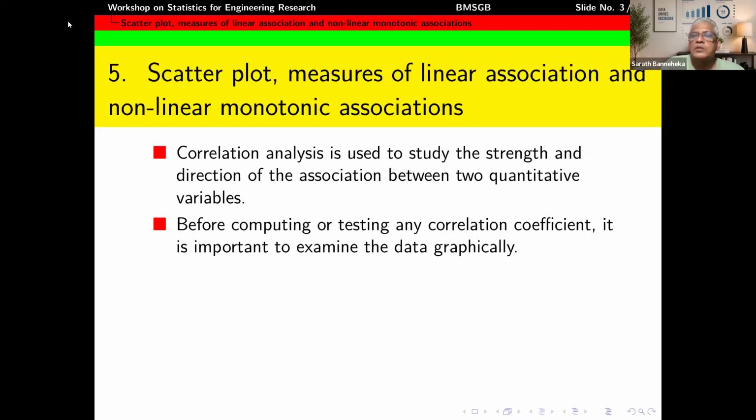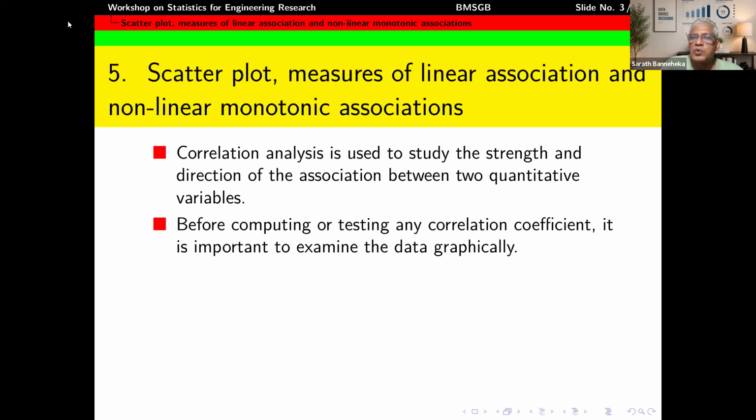Right. So before computing or testing any hypothesis regarding correlation, there is a very important step that you should follow. That is to explore the data using some graphical method. Right?